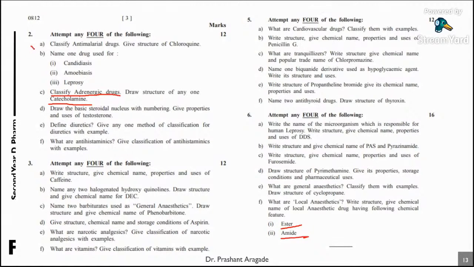See here question 2a, that is classify anti-malarial drugs, isn't it? They have not asked the definition, but you must start your answer with the definition of anti-malarial drugs, then go for the classification along with examples, and then attempt the next part of the question. So this is so simple, isn't it?